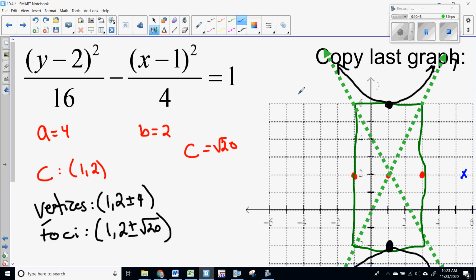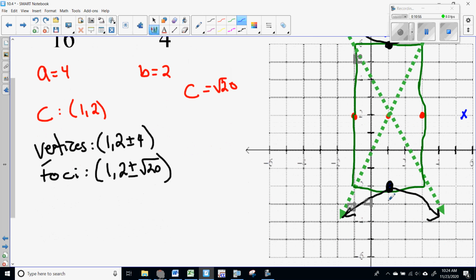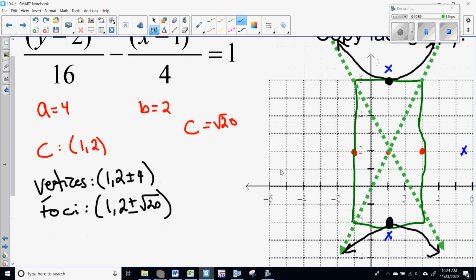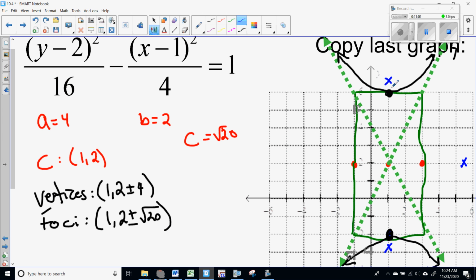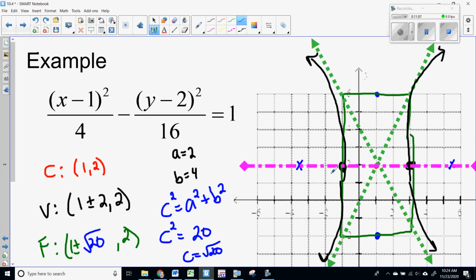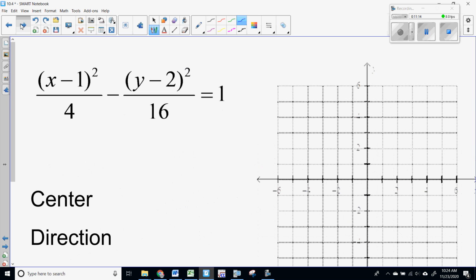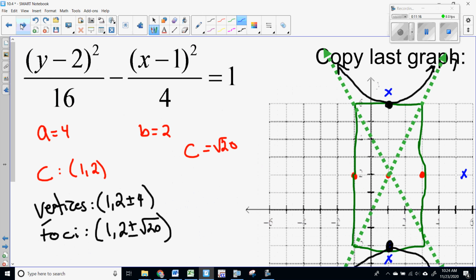And then that tells me that my foci are 1, 2, 3, 4. 1 is about here, 4.5, and then 1 is about here. And you notice because my foci is much closer to my vertex, this hyperbola is much narrower. My first example, they were further away, so it was much flatter and wider between these. So you can see very, very similar to an ellipse.